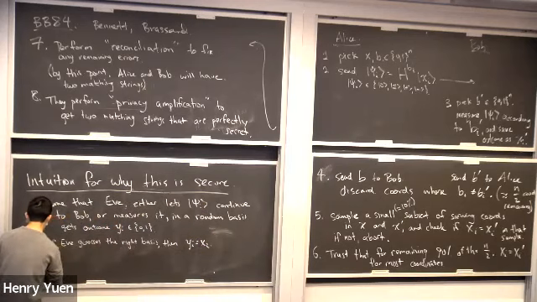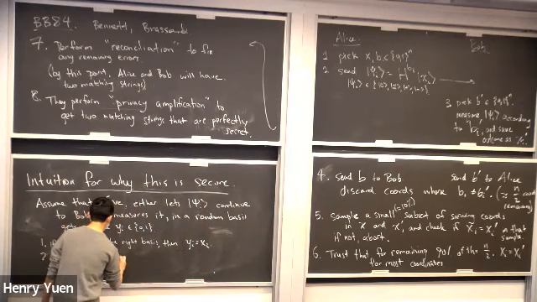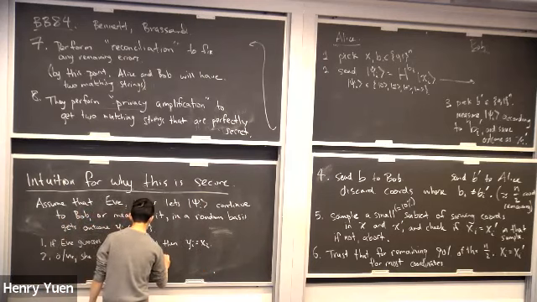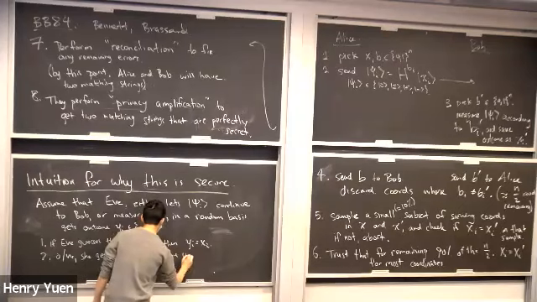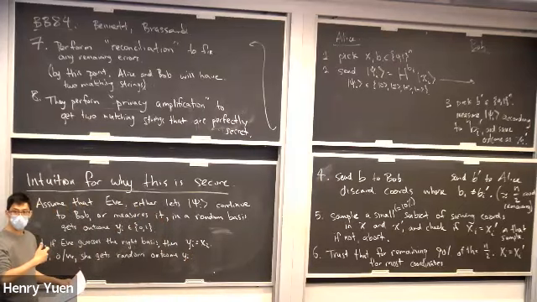But if she gets the wrong basis, which happens half the time, then she's going to get a completely uncorrelated outcome, right? And here's the thing: if she measures in the wrong basis, then this qubit has been disturbed.